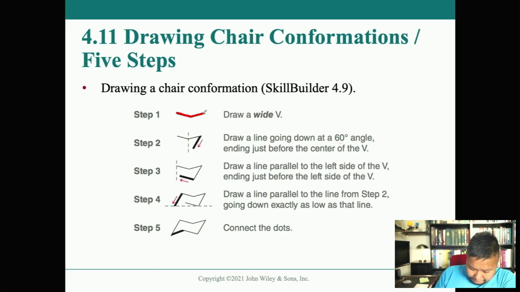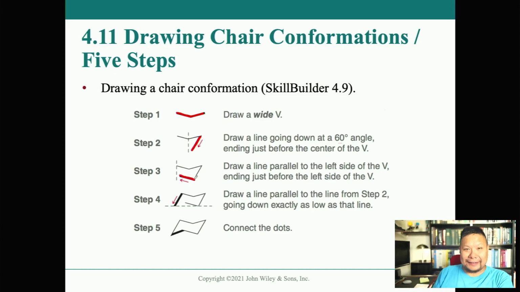Okay, and draw along. Next thing, draw a line going down at a 60-degree angle, ending just before the center of the V. I'm going to guess that's 60 degrees. Then, draw a parallel line to the left side of the V, ending just before the left side of the V. So complicated.